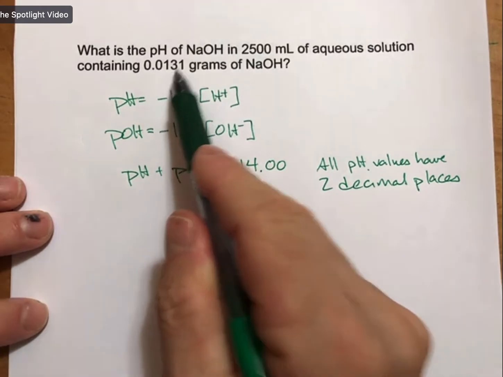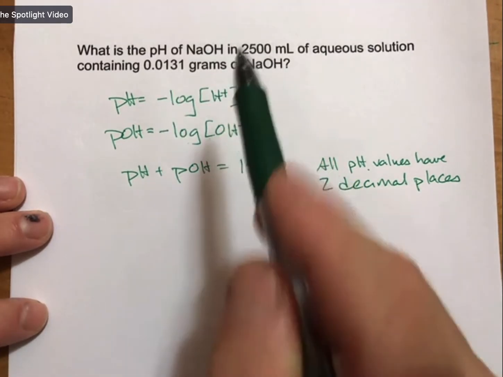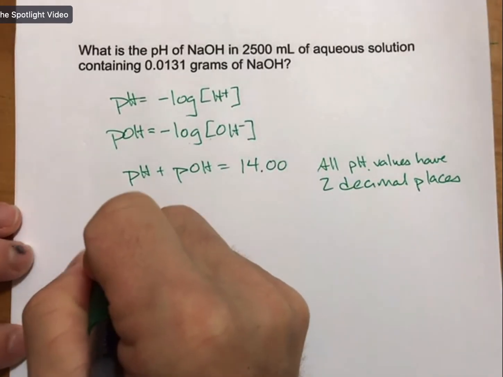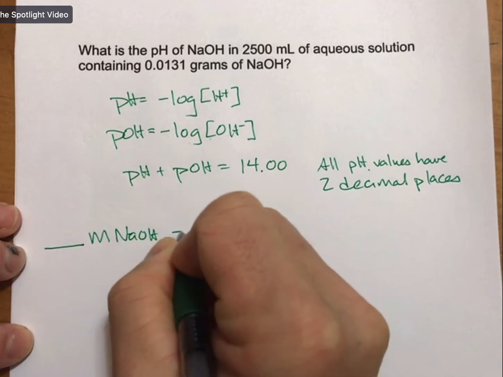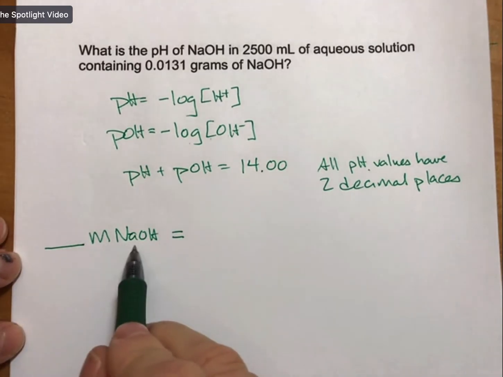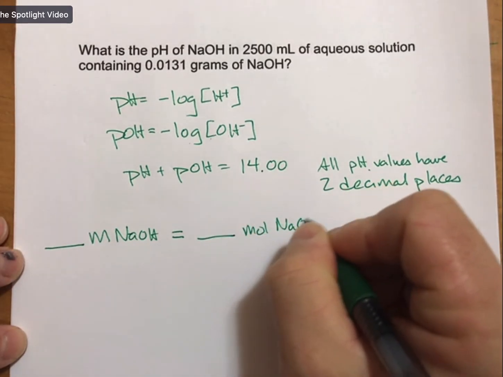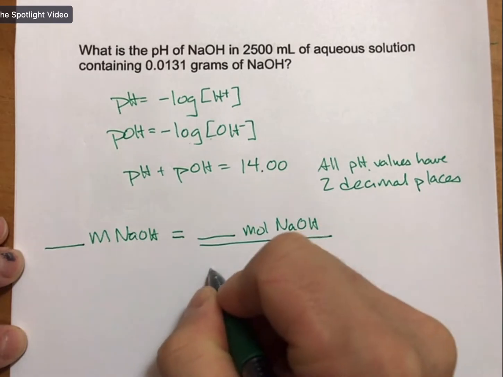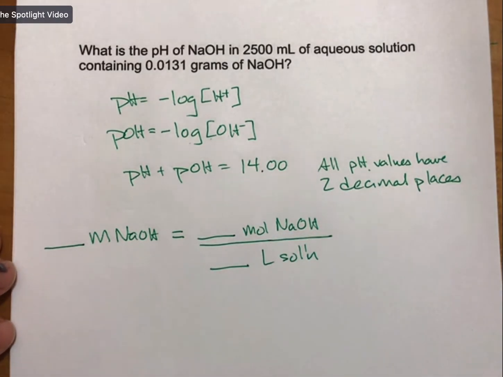We have grams of sodium hydroxide, and we have milliliters of solution. So the molarity of my sodium hydroxide solution, which we can get, is going to be my moles over my liters.